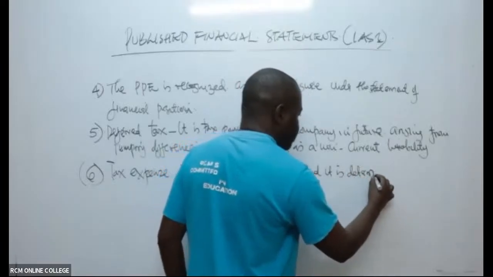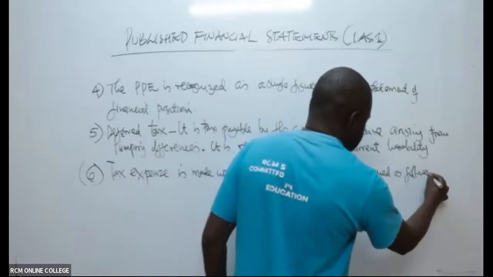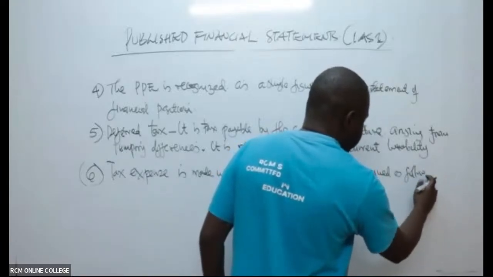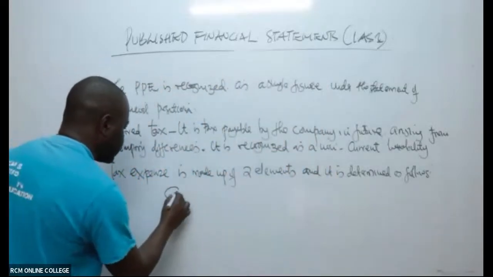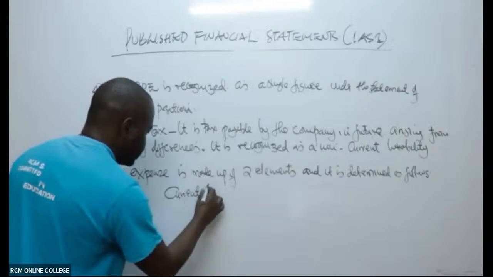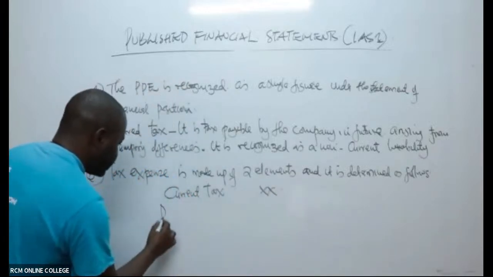Of course you'll be given the current tax, so you take the current tax. Then you add the deferred tax.